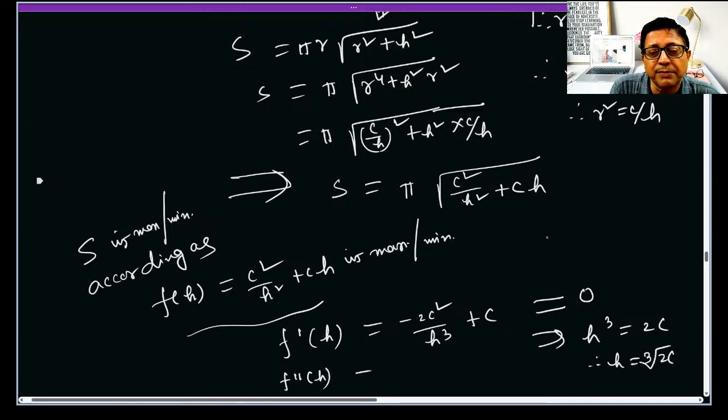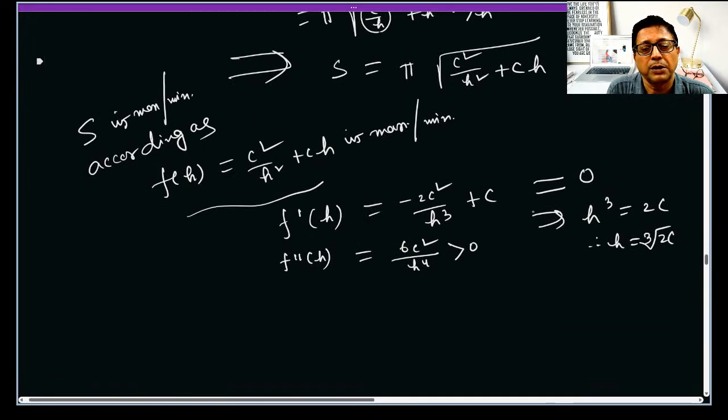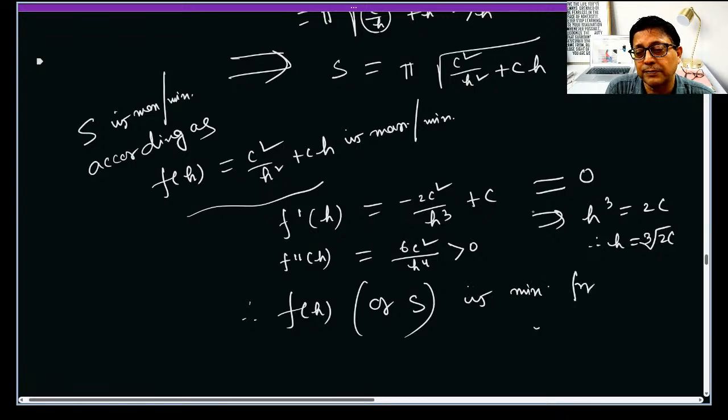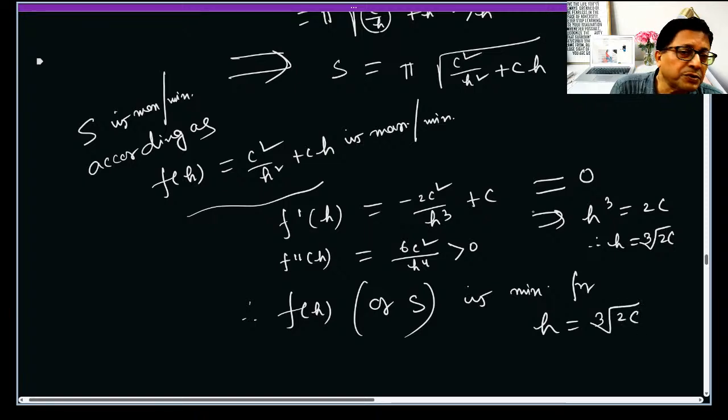F double dash H, you must find, is 6C square by H to the power 4, greater than 0. Therefore S is minimum for H equal to cube root of 2C.